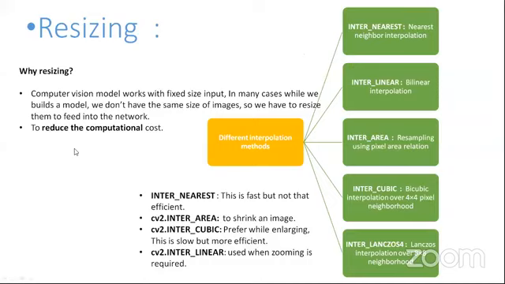The second advantage of resizing is to reduce the computational cost. We will take that first example. Suppose you are working on a face detection model and you have different images: 1024 by 1024, 400 by 400, 500 by 500. So my question to you guys is, what dimension would you prefer for image processing in a face detection task?